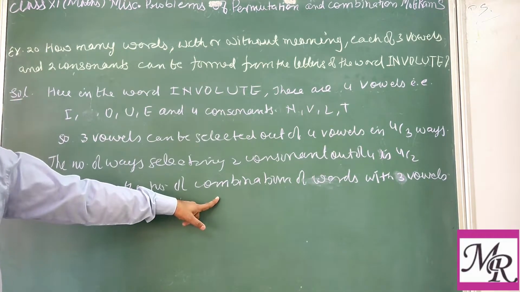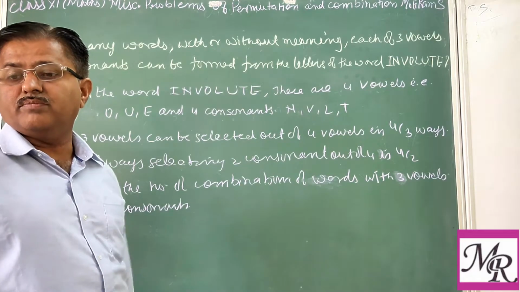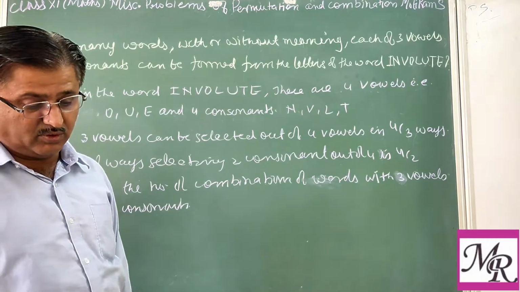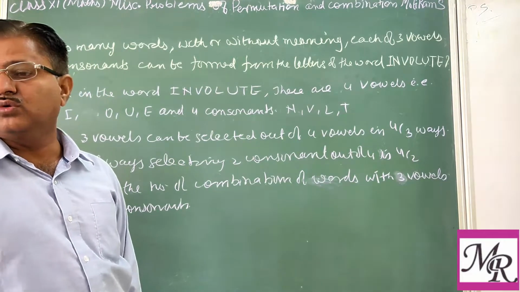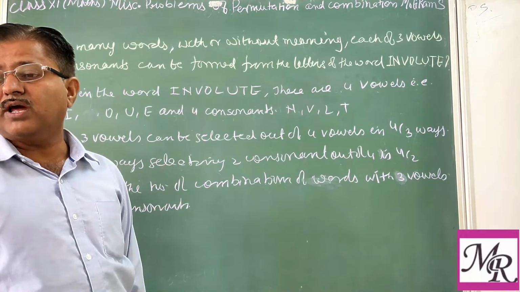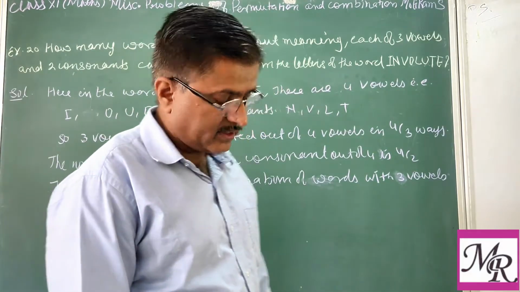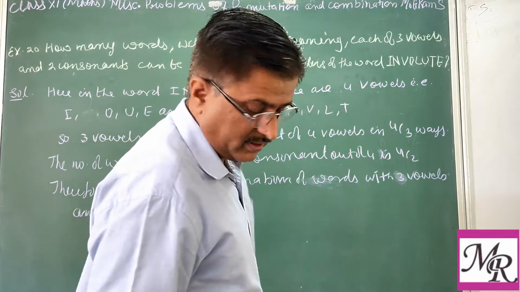How many combinations? That will depend on the multiple of the events happening. So the first event happens in 4C3 ways and the second event happens in 4C2 ways. So we have to multiply both events using the principle of counting.